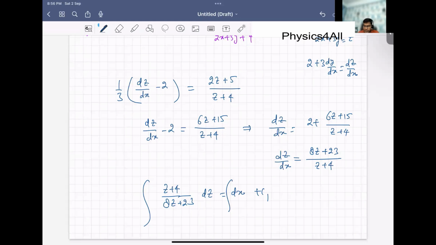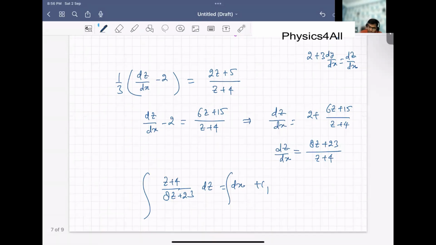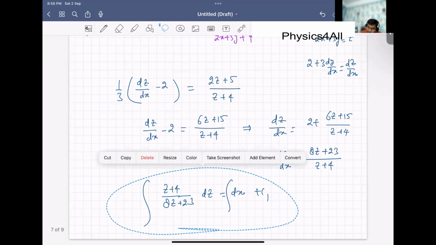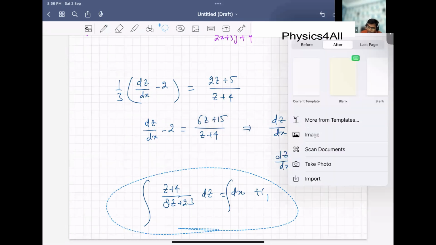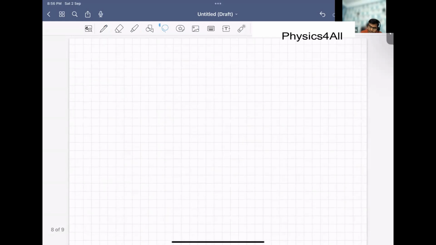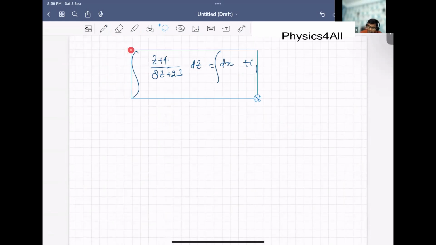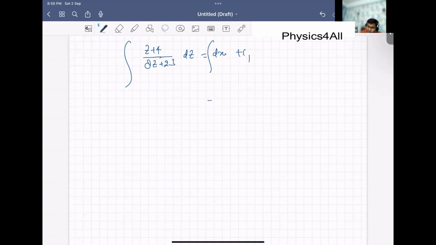So for integration, of course, you will apply the partial fraction method here. Let me go to the next page. So right hand side will become x plus c1 simply, and I can multiply and divide by 8 in the numerator and denominator.